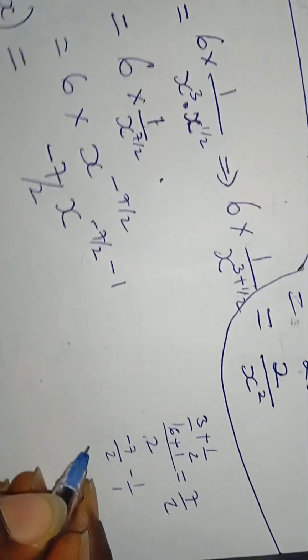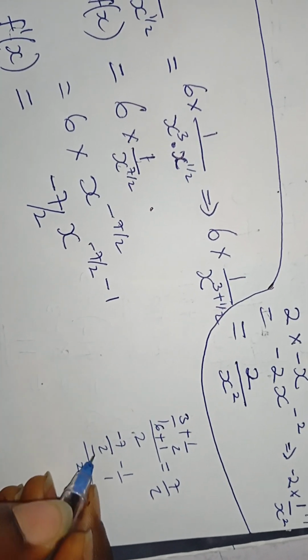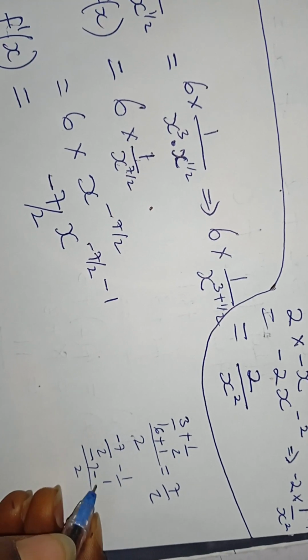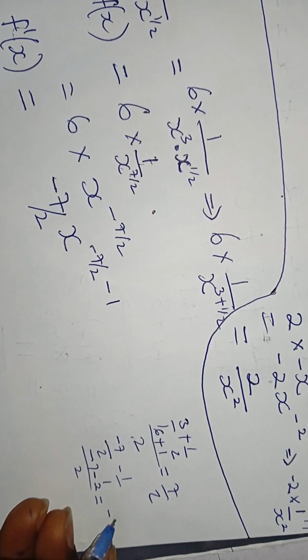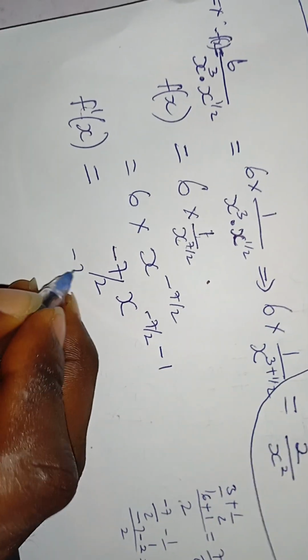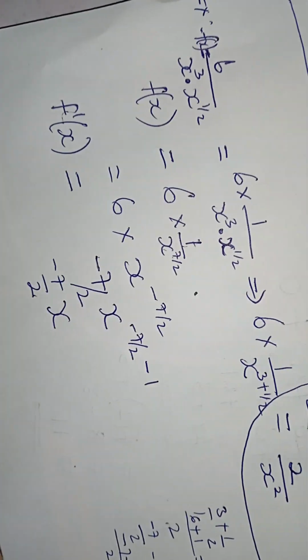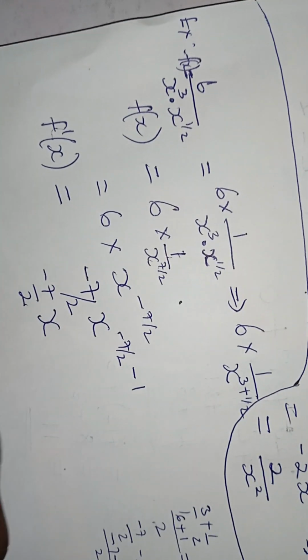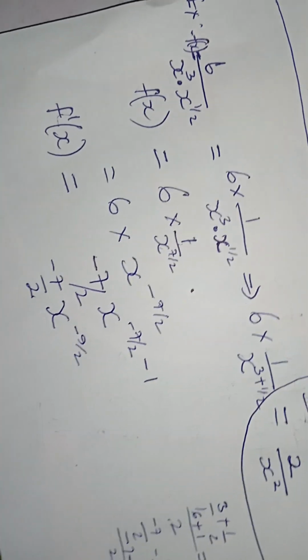Taking 2 as the LCM, 2 into this, this is minus 7 over 2 x raised to power minus 9 over 2.